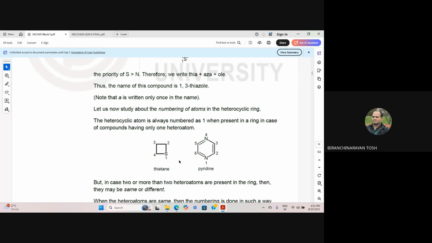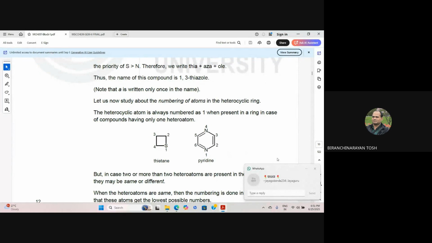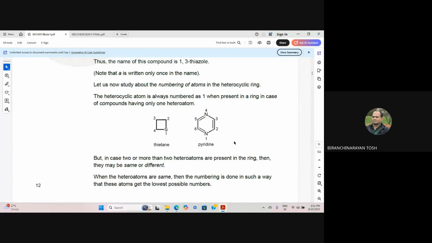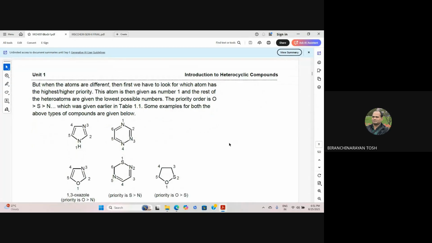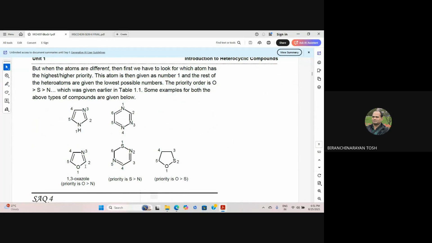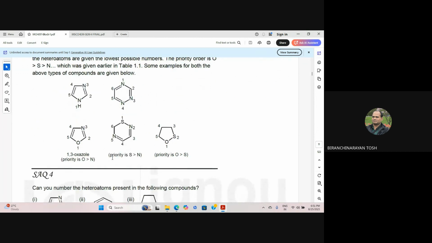Similarly, this is thietane, this is pyridine. When different heteroatoms are there, this we already know: 1,3-oxazole, oxygen, then aza.